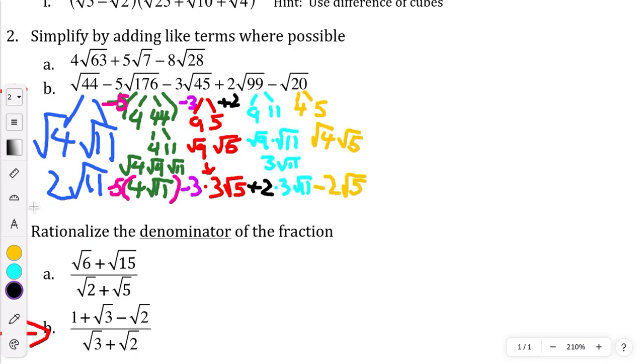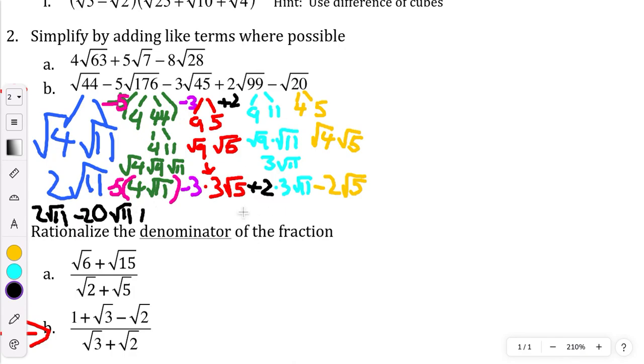So we have 2 root 11. And this right here is minus 20 root 11. And then we have this right here, 6 root 11.